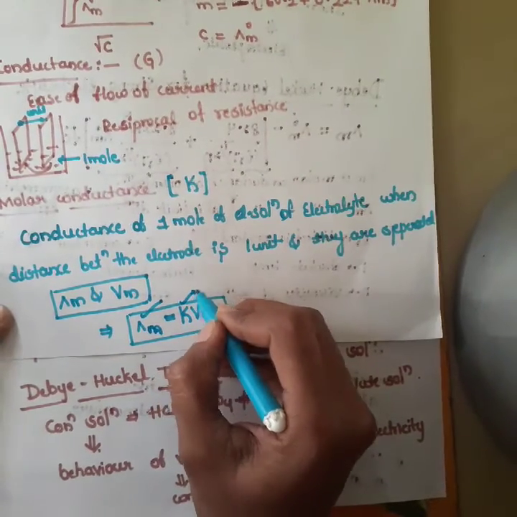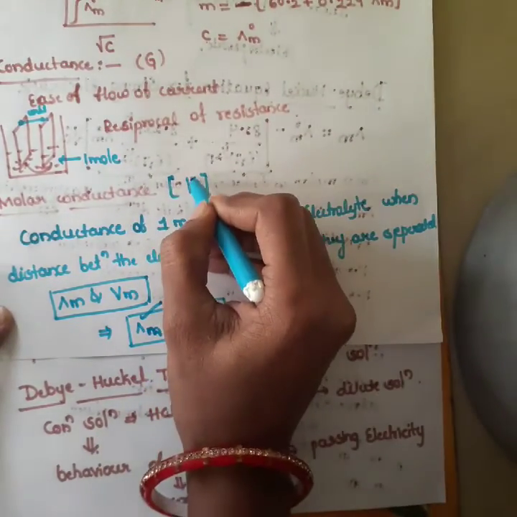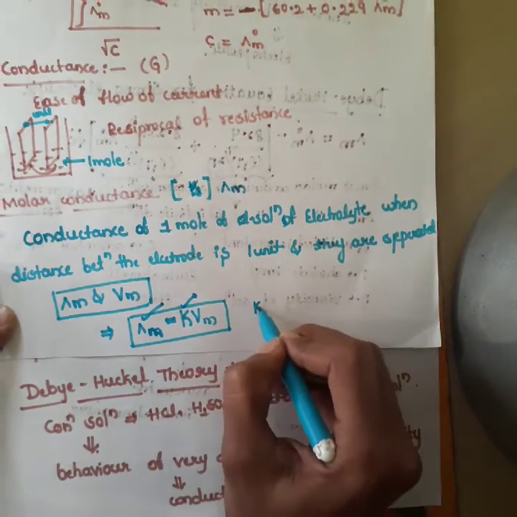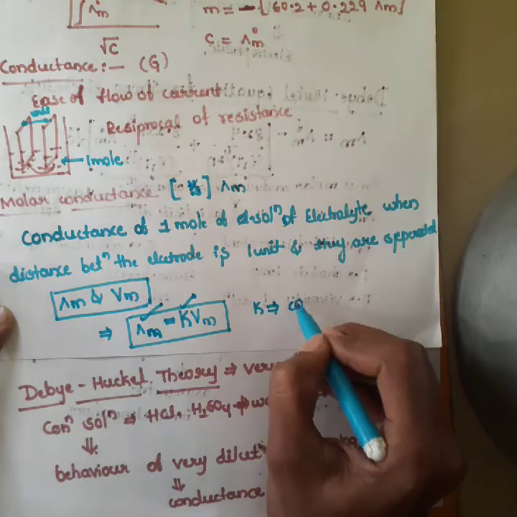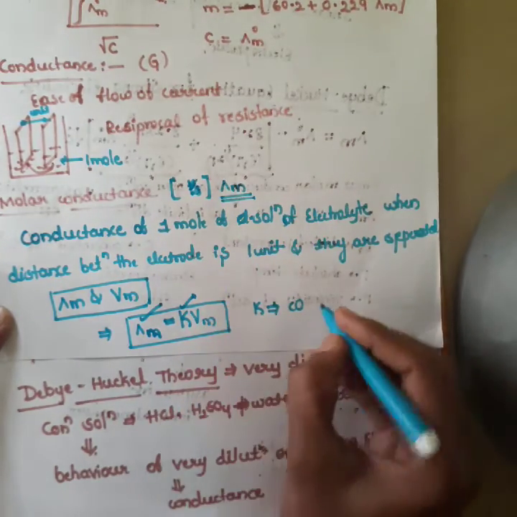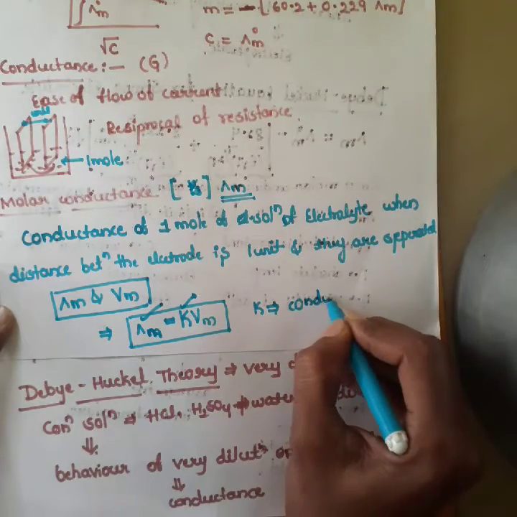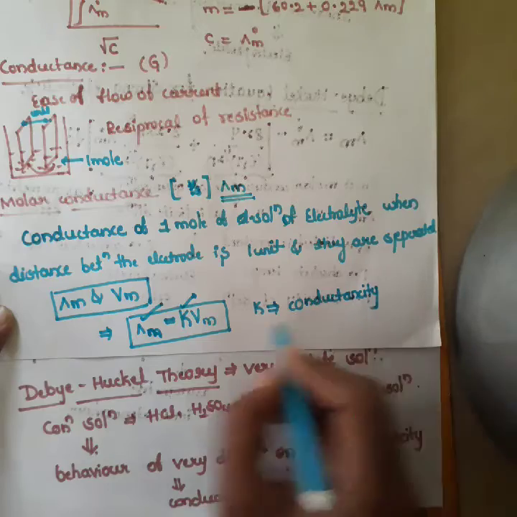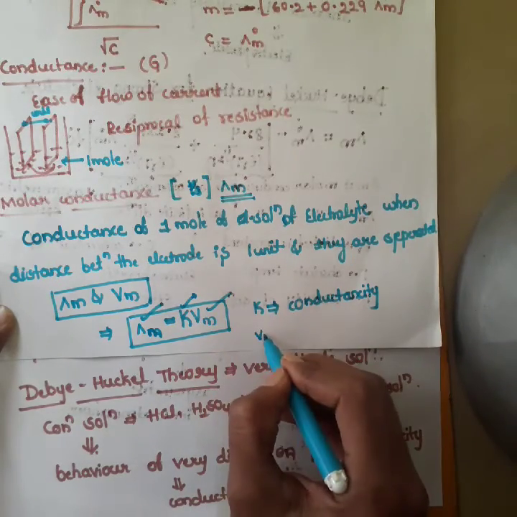Sorry, molar conductance is denoted by lambda m. K means conductivity. And Vm is molar volume.